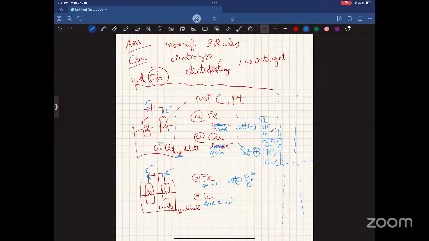Okay, so attract negative ones: Cl minus, OH minus. So who wins? On top is the Cu2 plus. Below is OH.